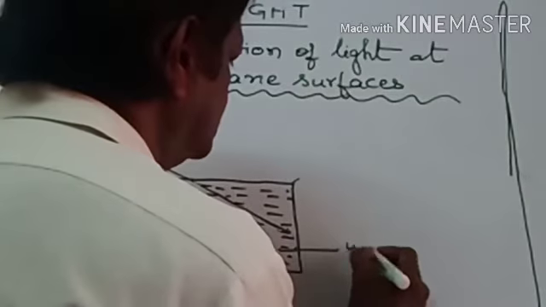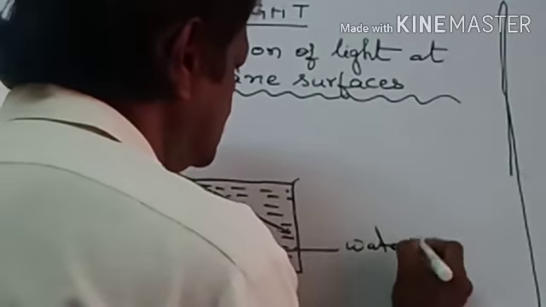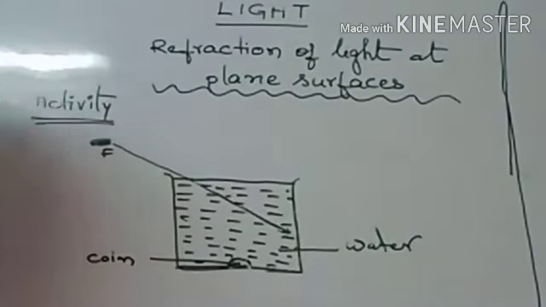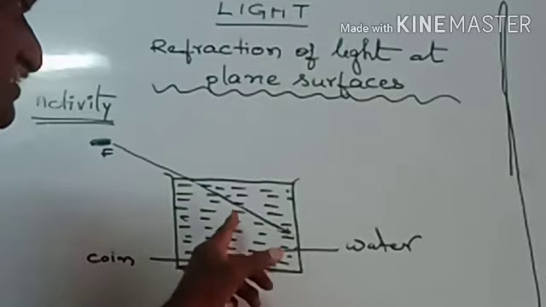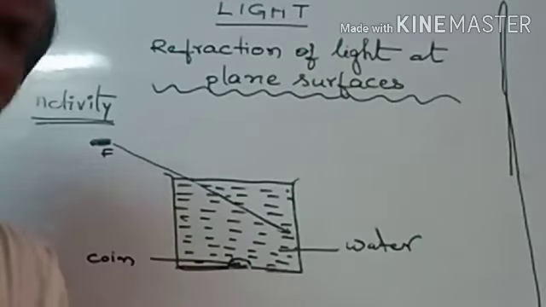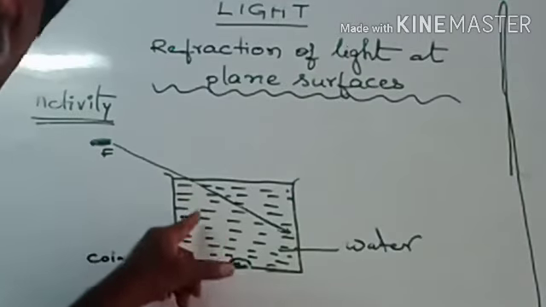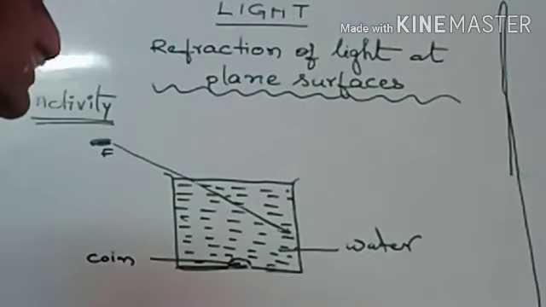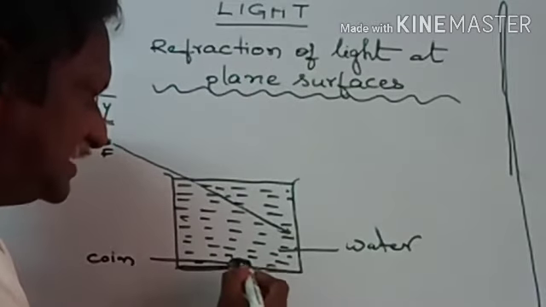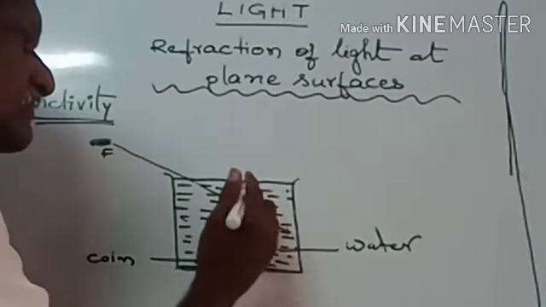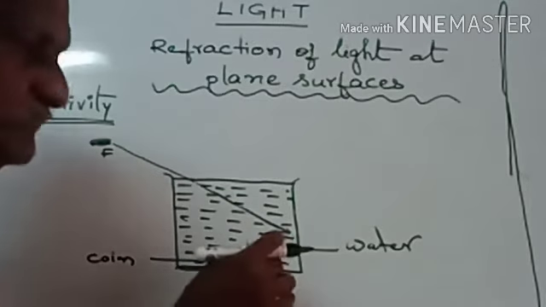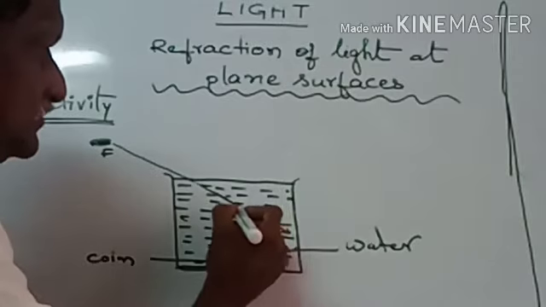Now the vessel is completely filled with water. When the vessel is filled with water, what happens is that the coin which is at the bottom seems to rise up, maybe up to here.